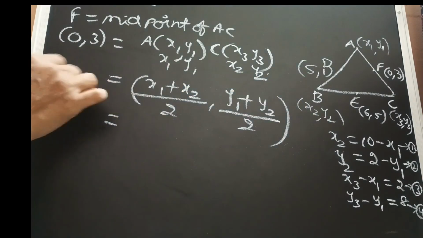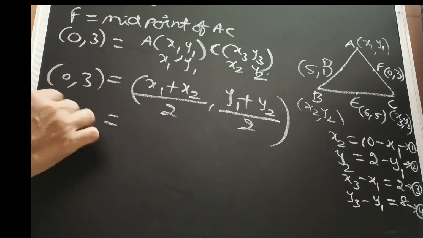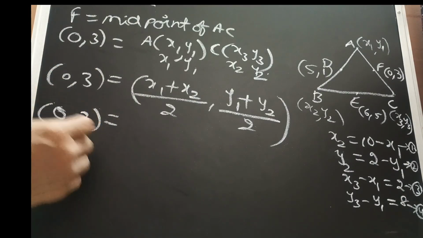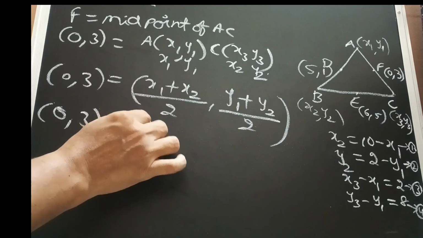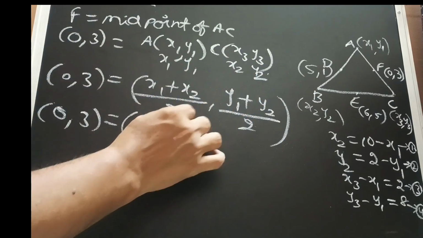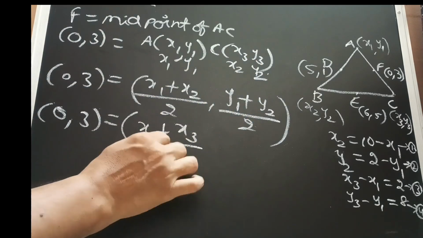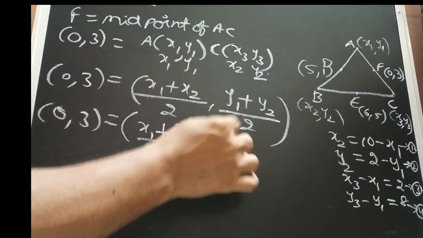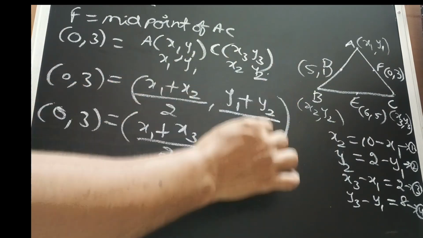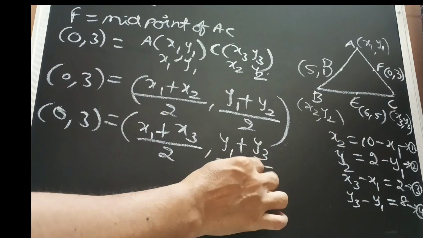So for 0, 3, we get x1 plus x3 whole divided by 2 and y1 plus y3 whole divided by 2.